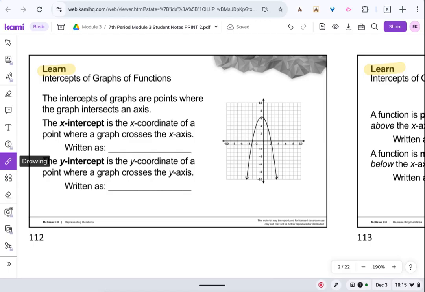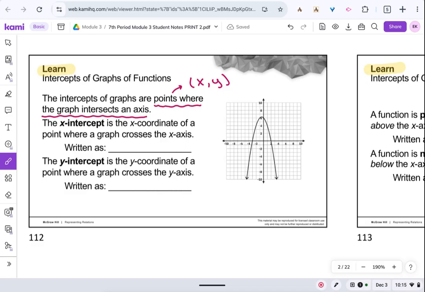Alrighty, so this is that learn aspect of today. So we're going to talk about intercepts. The intercepts of graphs are points where the graph intersects an axis. So it's points where the graph intersects or crosses an axis, okay? So the main key feature here is that they're points. So we're going to write them as x, y.